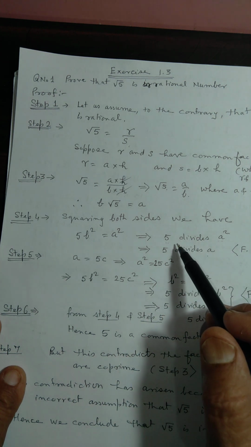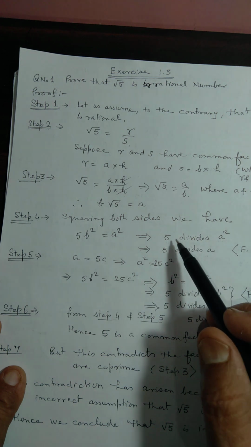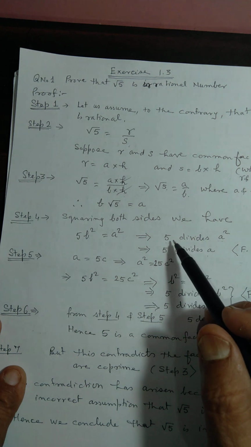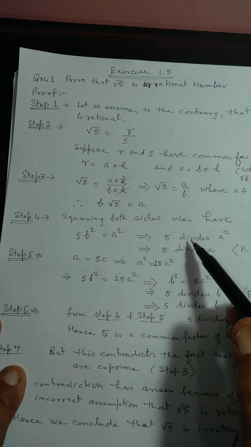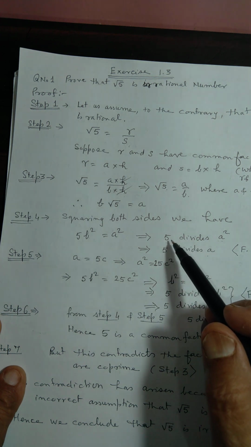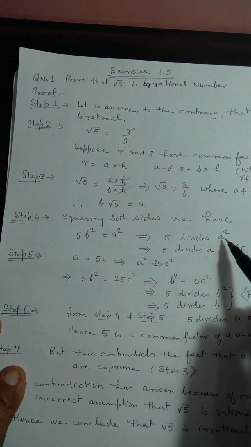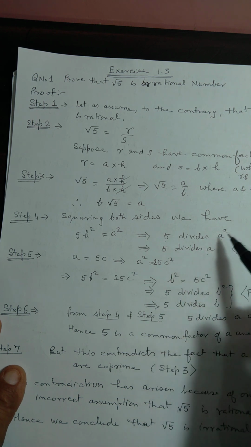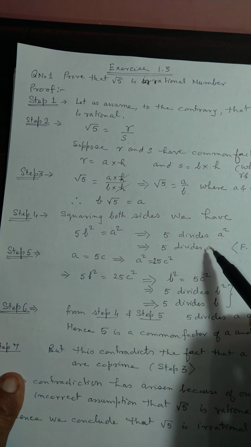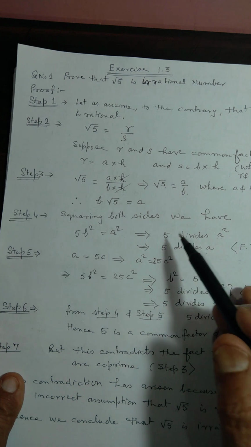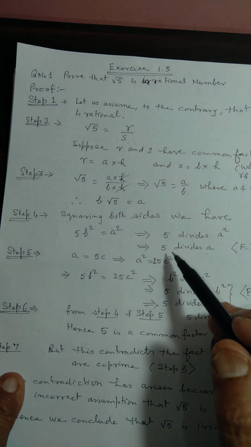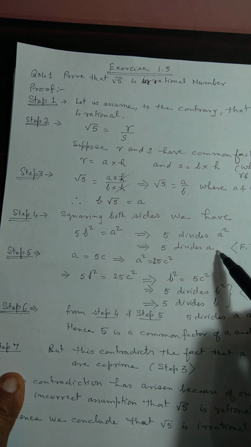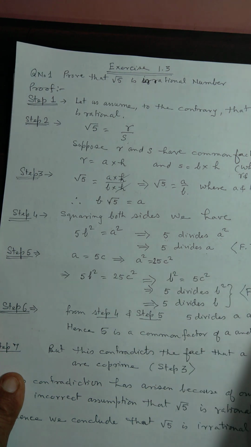Now 36 can be divided by 2 or 3, which are prime factors. So 2 and 3 will also divide 6, the square root of 36. So 2 and 3 both will divide 6. Here also, 5 divides a square, therefore 5 divides a. And this is the fundamental theorem of arithmetic.